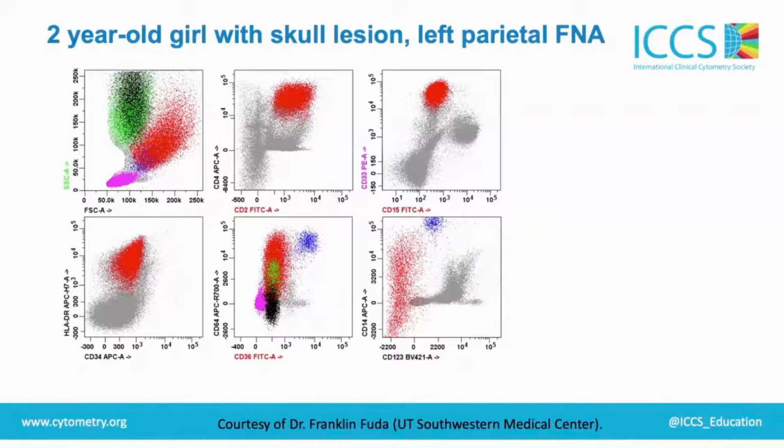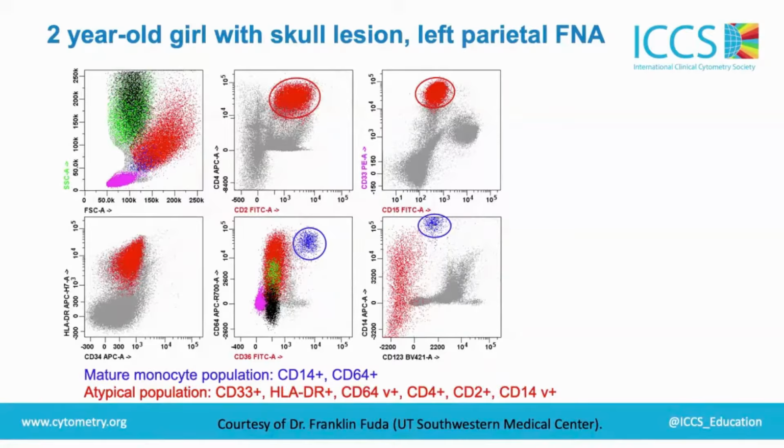The patient is a 2-year-old girl with skull lesion. This is left parietal FNA. There is a mature monocyte population with bright CD64 and CD14. Additionally, there is an atypical population with expression of monocytic markers, including bright CD4 and CD33, variable DR, CD64 and CD14.